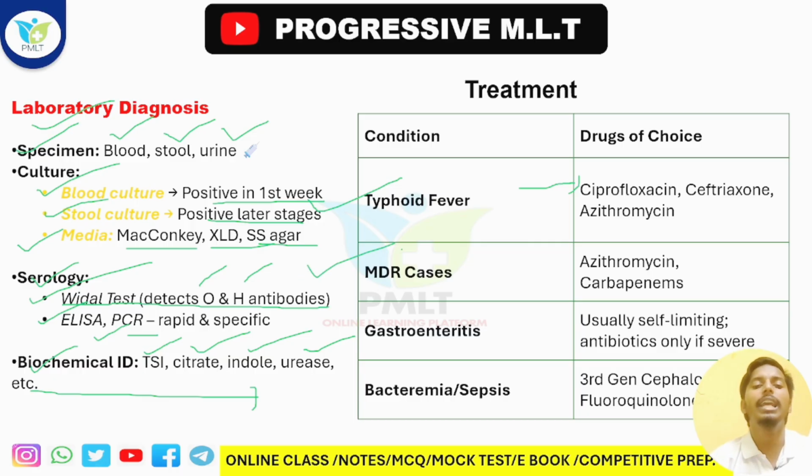In MDR cases, meaning multi-drug resistant cases, you will go to azithromycin, after that carbapenem. In gastroenteritis, you may use self-limiting, usually self-limiting antibiotics. And last but not least, in the bacteremia condition, you may use a third generation cephalosporin. Those are all the treatment portions.